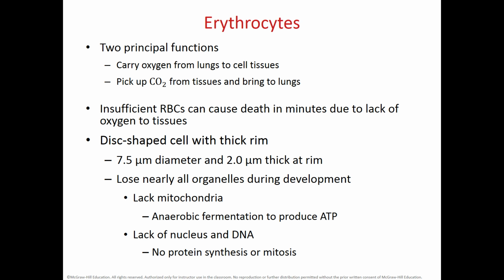So the red blood cells don't have mitochondria and they don't have a nucleus. Because they don't have mitochondria, the erythrocytes cannot produce ATP, because this is the place where most of the ATP is produced. So the erythrocytes, in order to have energy production, undergo anaerobic fermentation.